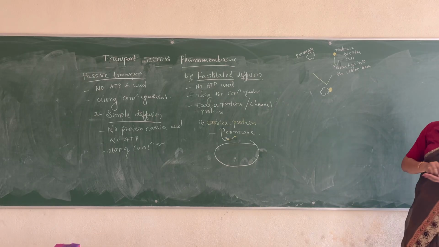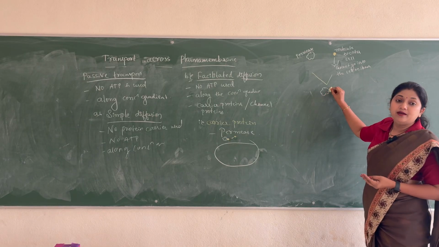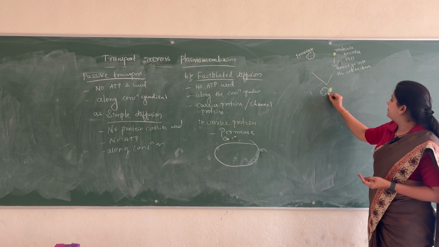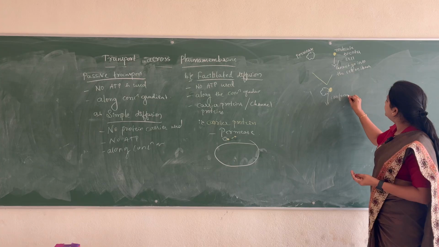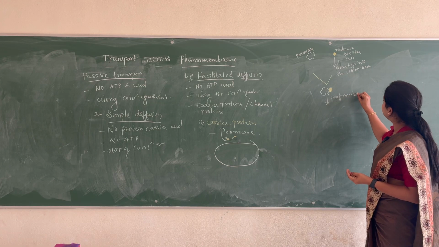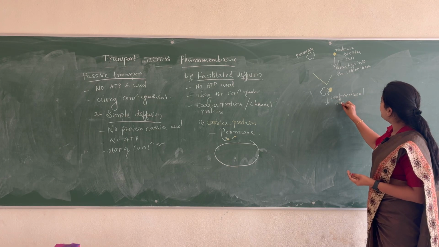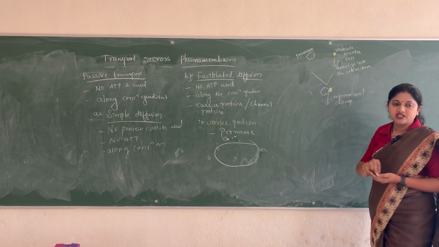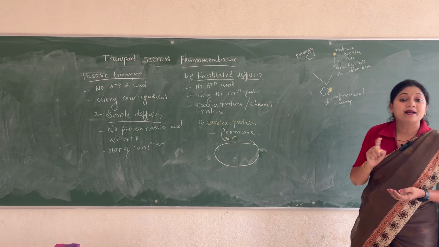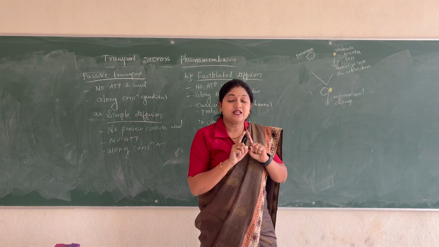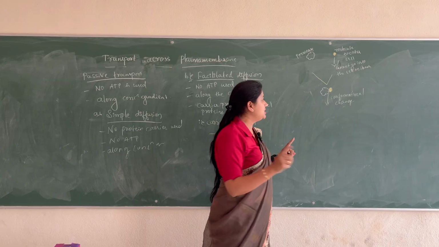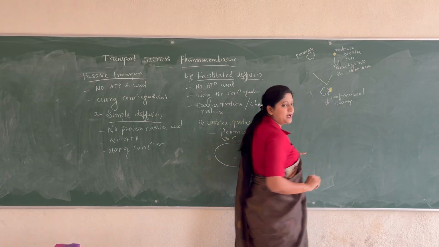Okay, when the permease and molecule bind to each other, a conformational change takes place in the permease. The molecule will remain as it is. The molecule will not undergo any changes. The conformational change will take place in the permease.